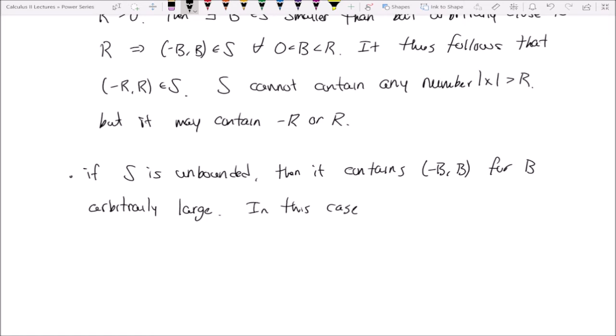So in this case, S is just the entire real number line.